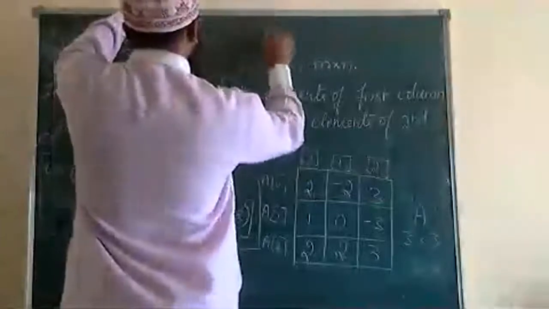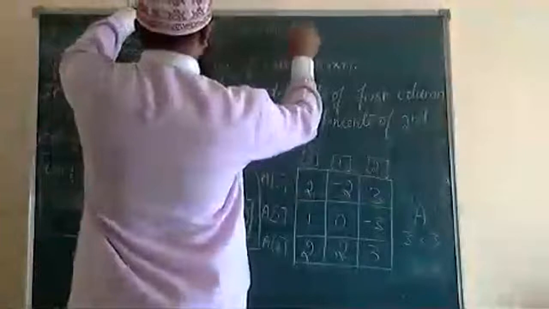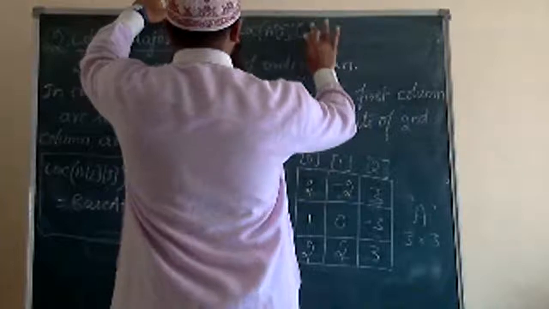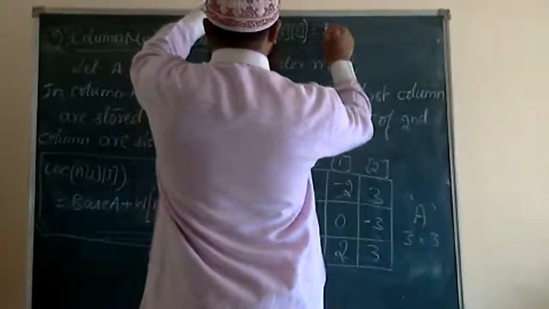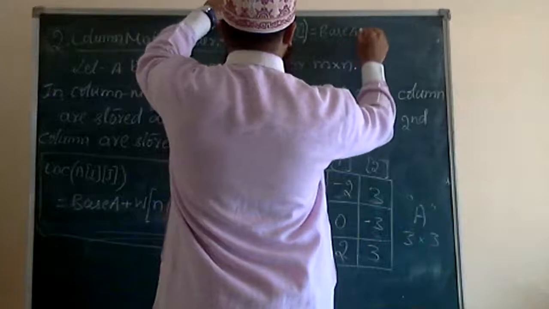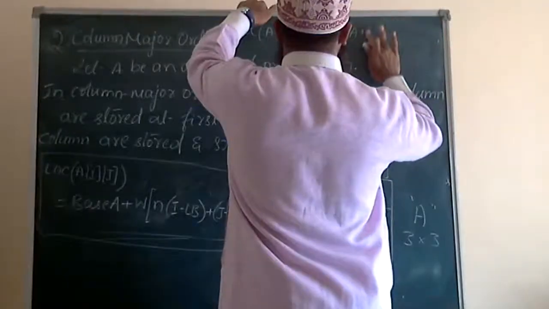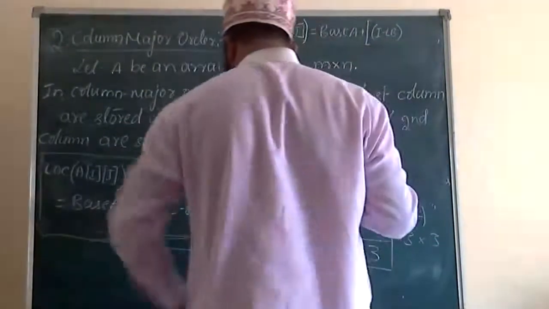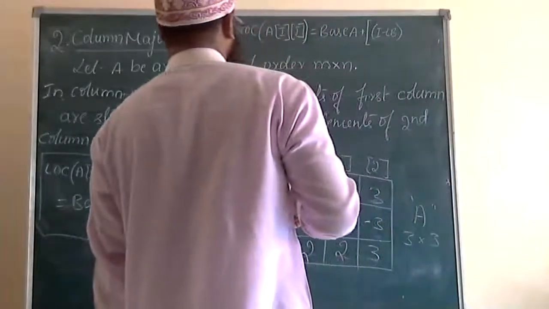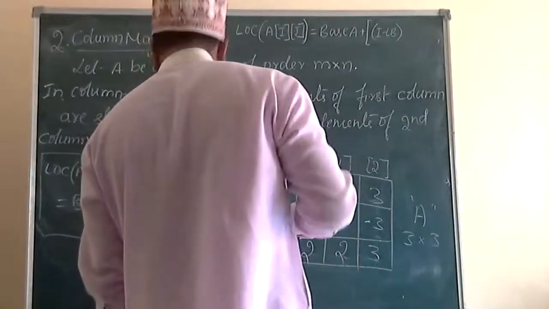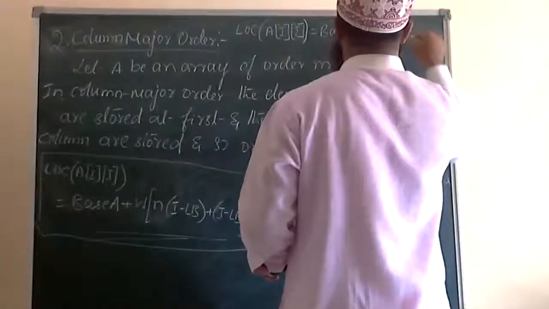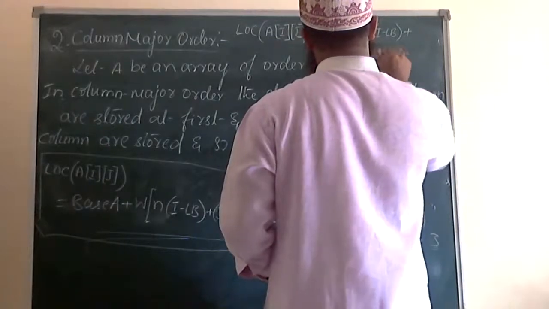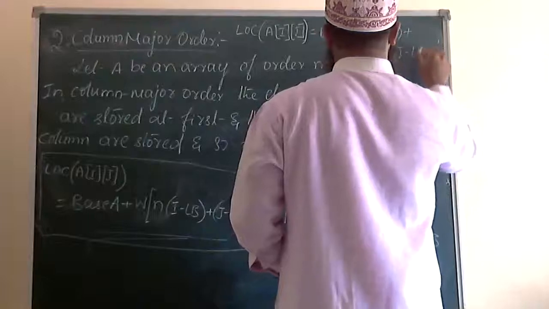Location of A of ij is equal to base A plus I minus LB into I minus LB plus m into j minus LB.